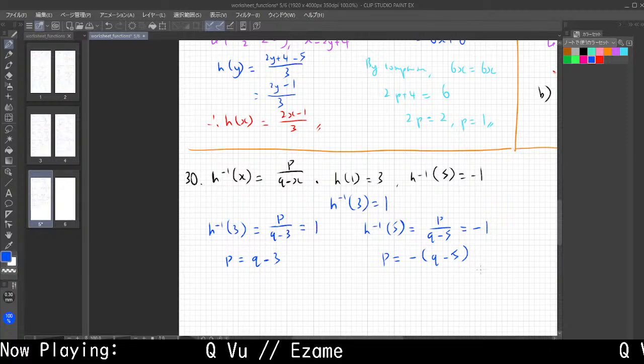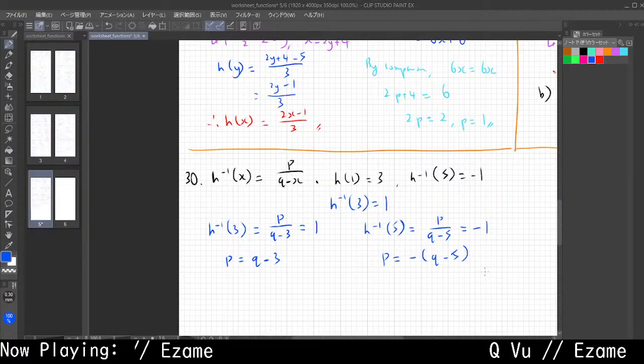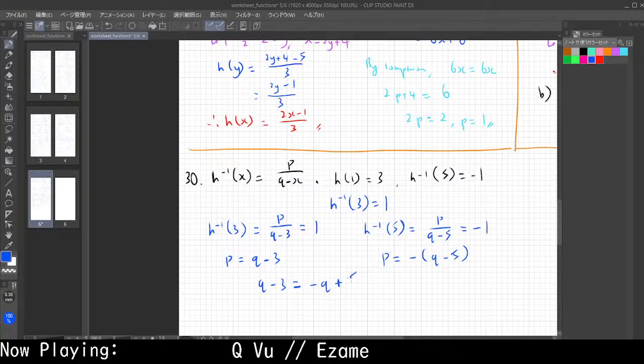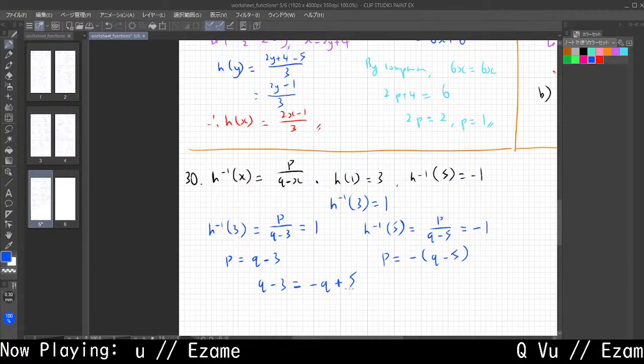Then since p equals this and equals that as well, you can combine them together to form a single equation. Multiply the negative into the bracket, you will get negative q plus 5.